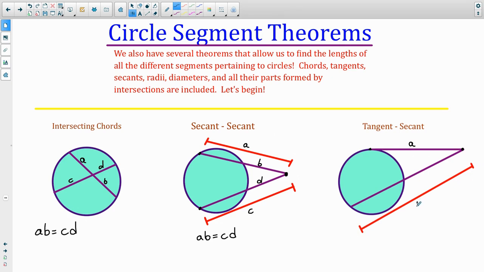We'll call this, in this case, our B. And then we're going to call the exterior part our C. And then we're going to learn in a short little while that the whole times the exterior part, well, that's the same part in the tangent. So that's going to be A times A, which is A squared, is equal to the whole times its exterior part.